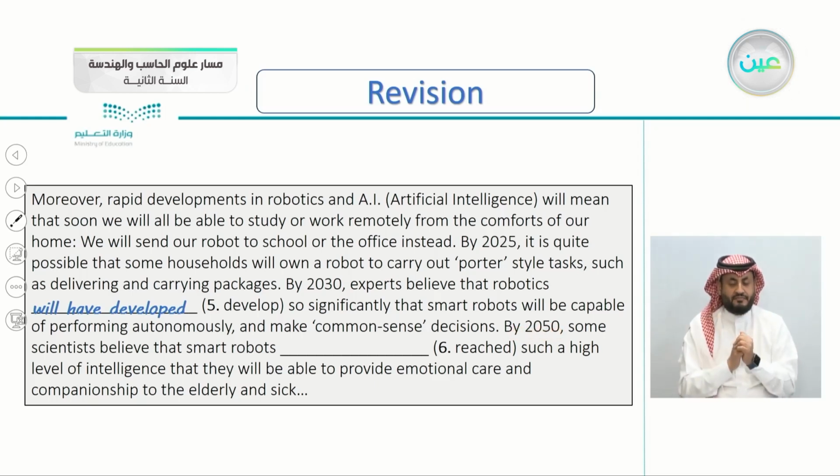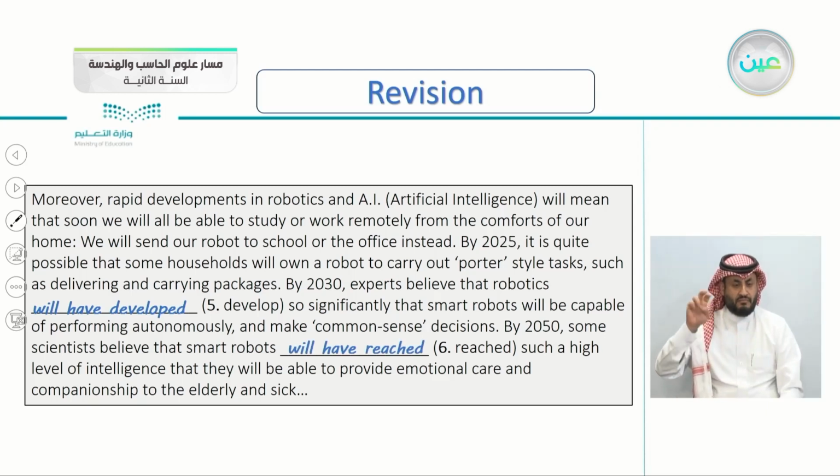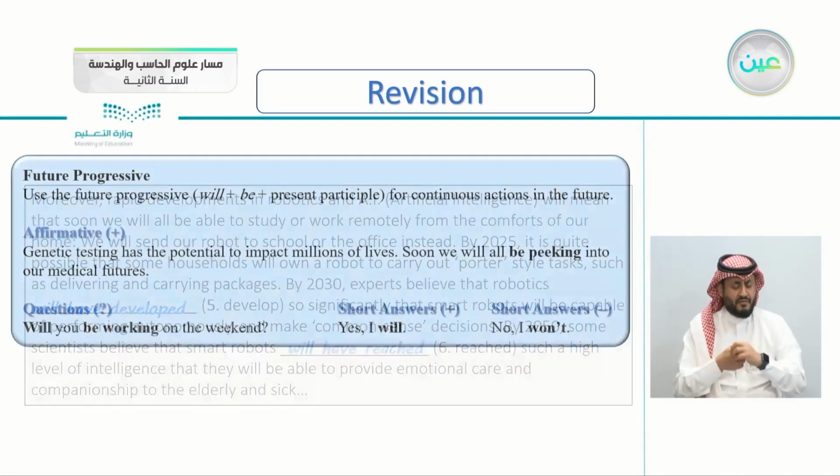By 2050, some scientists believe that smart robots, and the verb reach, beginning the sentence with by 2050. So we have two events. Of course, the answer: will have reached. Will have and the perfect. Will have reached such a high level of intelligence that they will be able to provide emotional care and companionship to the elderly and sick.